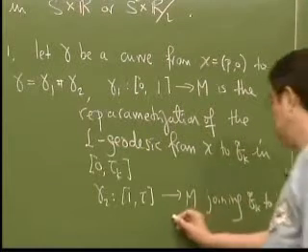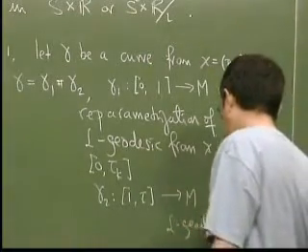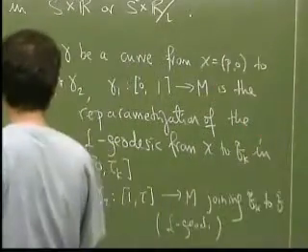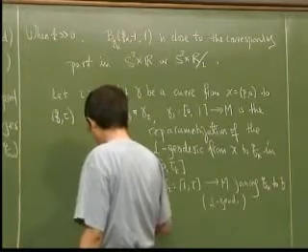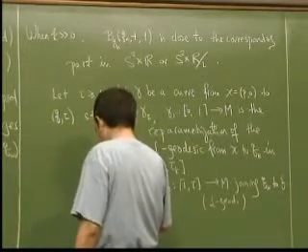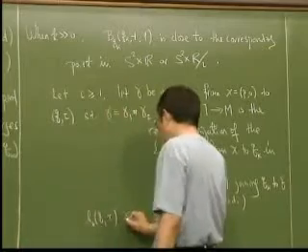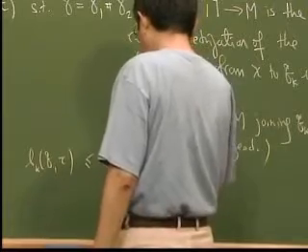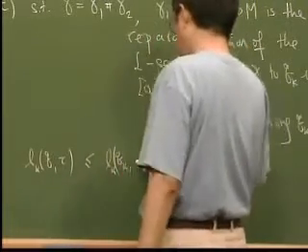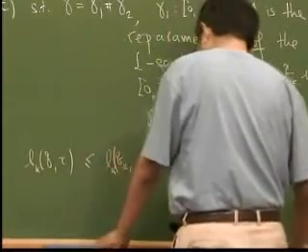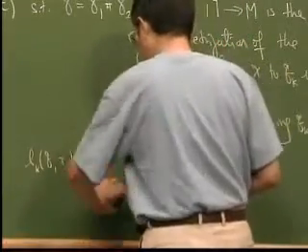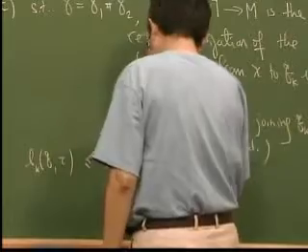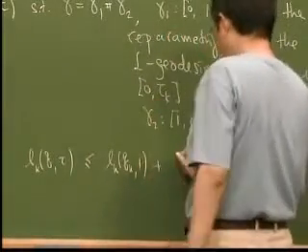So that implies, because of the length of this, that L_k of q at tau is always less or equal to L_k of q_k at 1, plus the length of this.